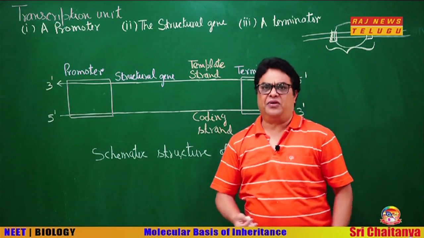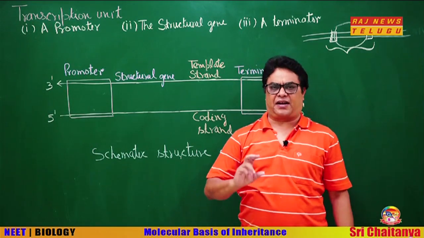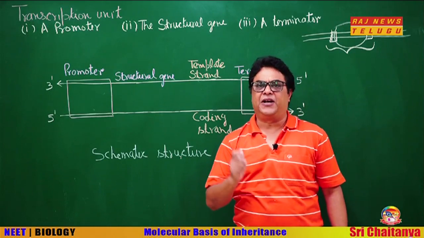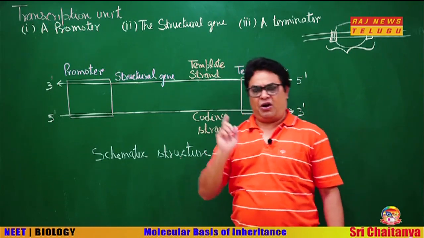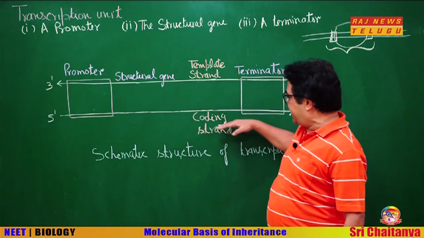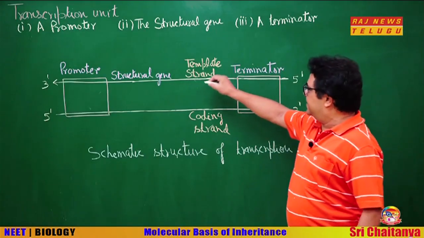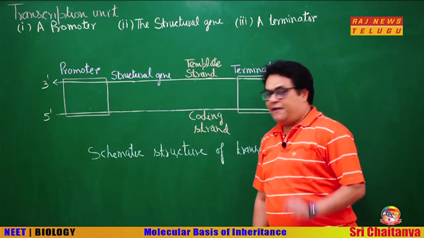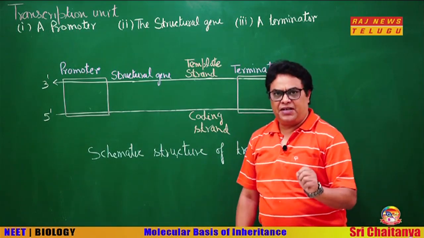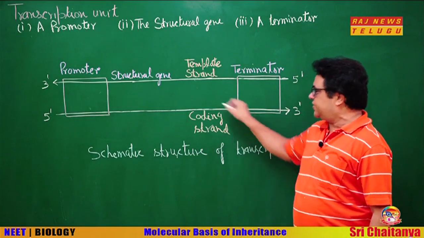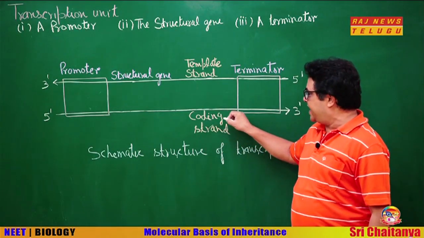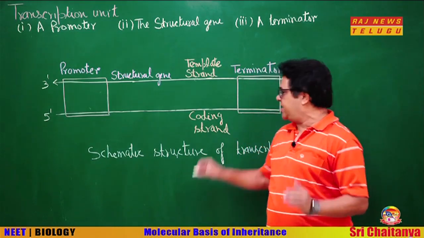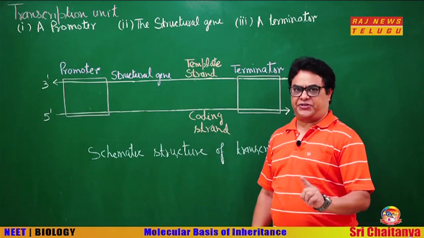Now, all the references of direction are taken from the promoter. As I said, the structural gene has a template strand and a coding strand. Very important point, children, remember: all the references of direction are taken from the coding strand.